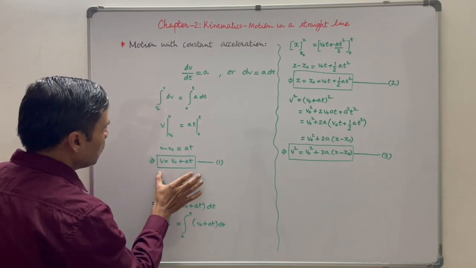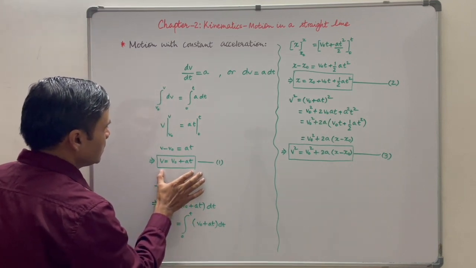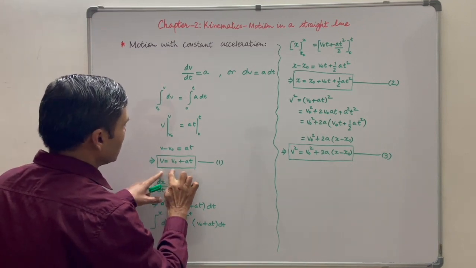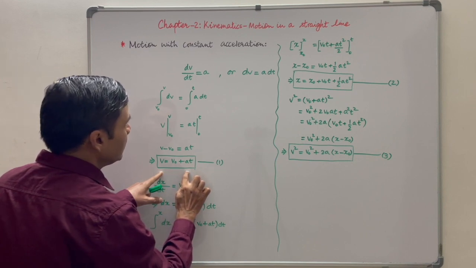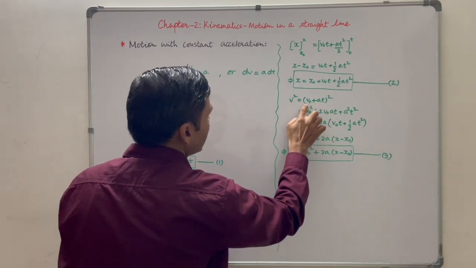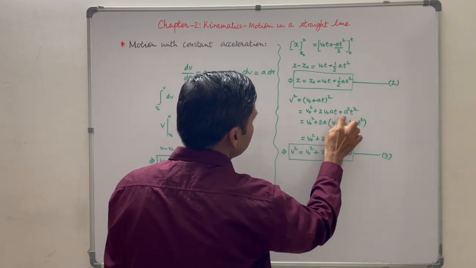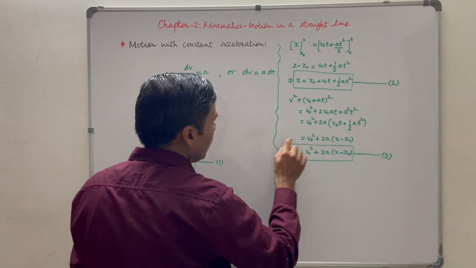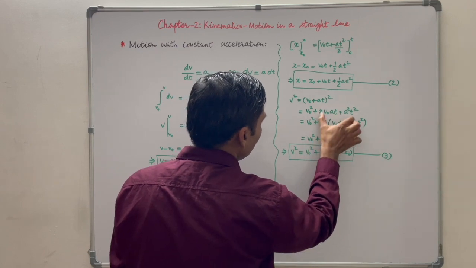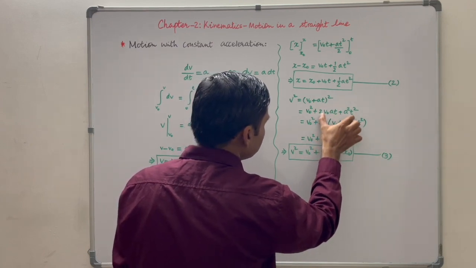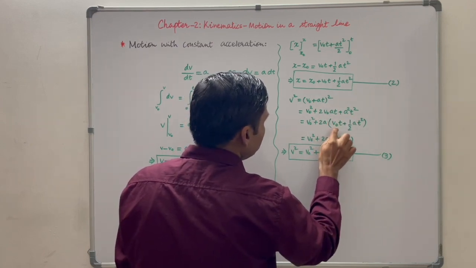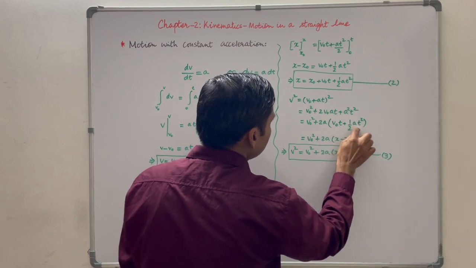Now square both the sides of first equation. So we get v square is equal to v0 plus at whole square. We can expand this as v0 square plus 2v0 at plus a square t square, or v0 square plus take 2a common in both terms. So we will get v0t plus half at square in bracket.